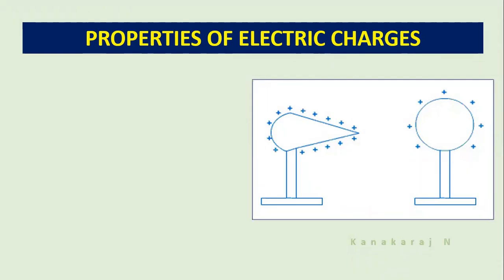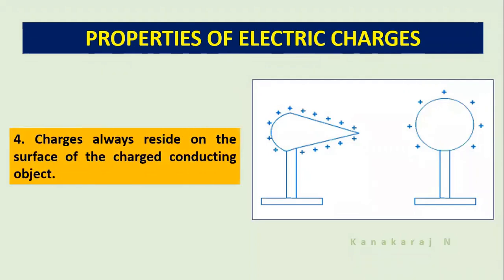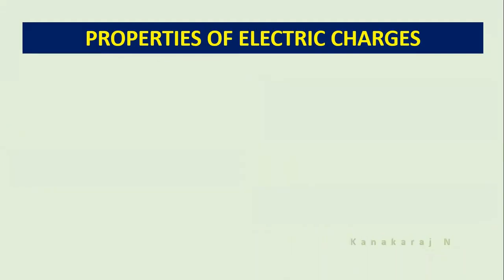So charges always reside on the surface of the charged conducting object. Charges separate as much as possible. Because of that, they are only available on the surface of the conducting object.